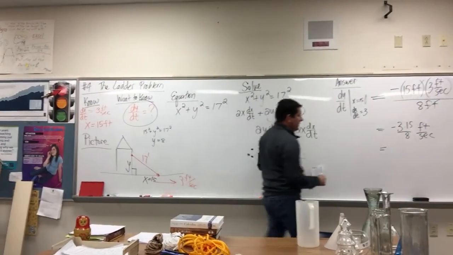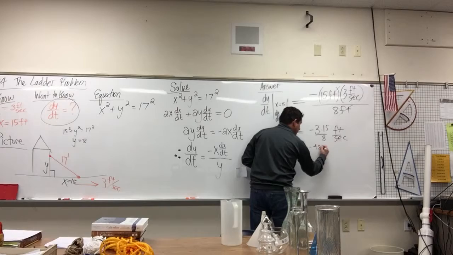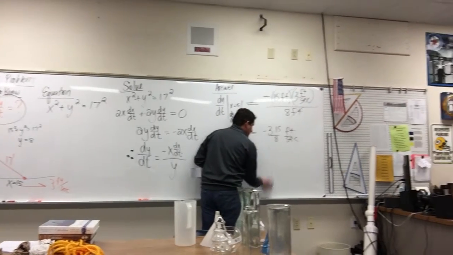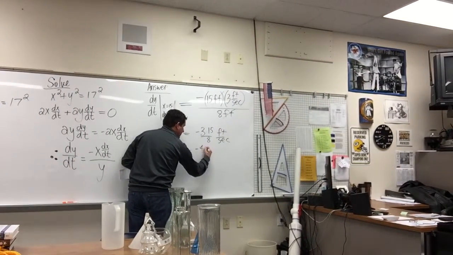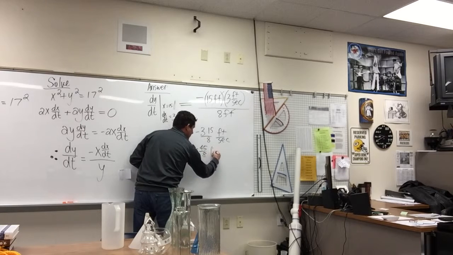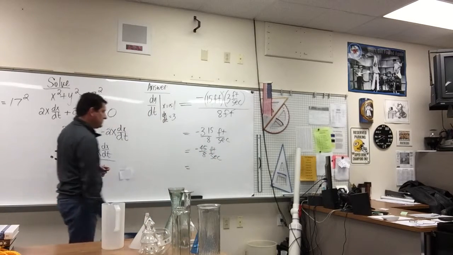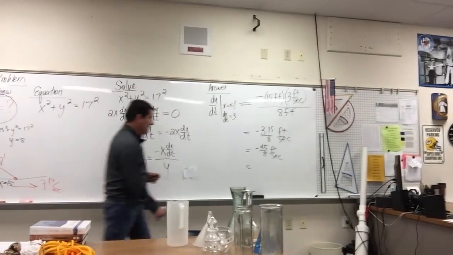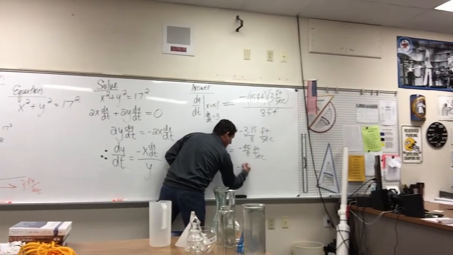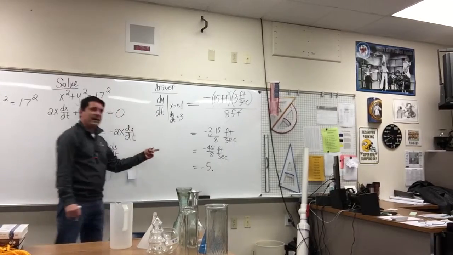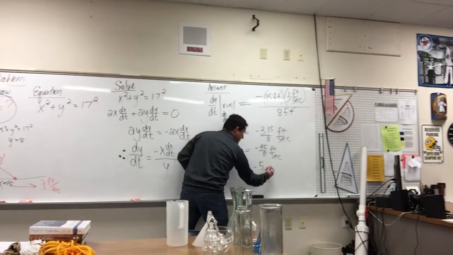Negative 45 over 8 feet per second. What is that close to? Negative 5 and 5/8, which is 0.625.